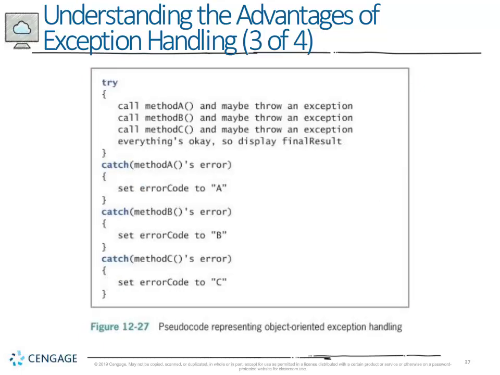Compare the same program logic using Java's object-oriented error handling technique shown in this figure. Using the try-catch object-oriented technique provides the same results as the traditional method, but the statements of the program that do the real work, like calling methods A, B, and C and displaying the final result, are placed together where their logic is easy to follow.